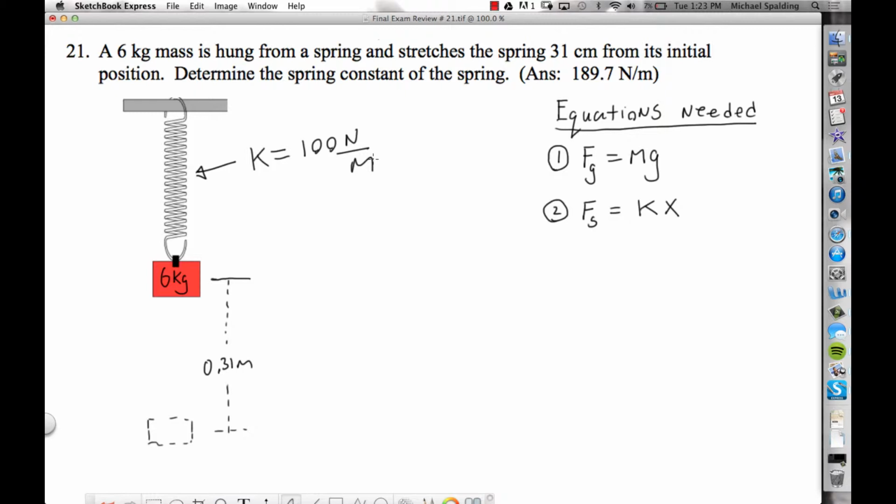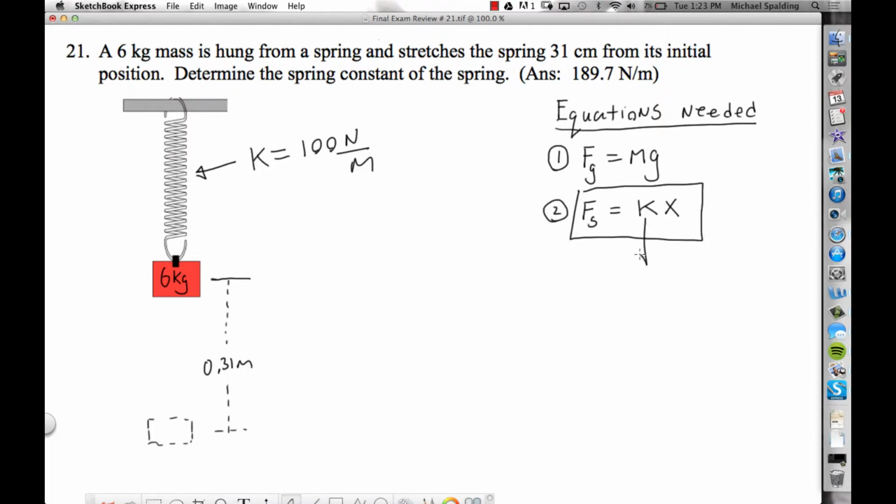That's the unit for spring constant. What does 100 newtons per meter tell us? If you grab the spring and stretch it 1 meter, how much force will the spring give you? 100 newtons. What if you stretch the spring half a meter? 50 newtons.